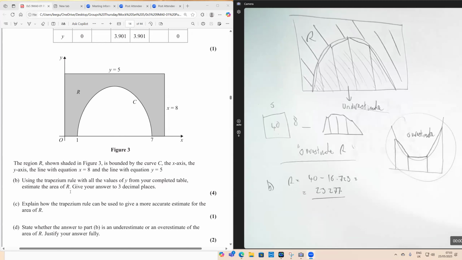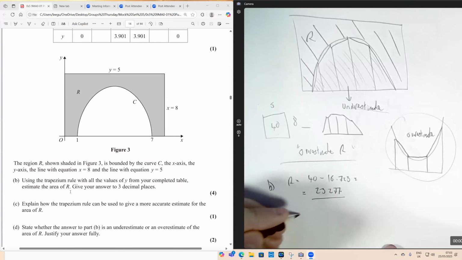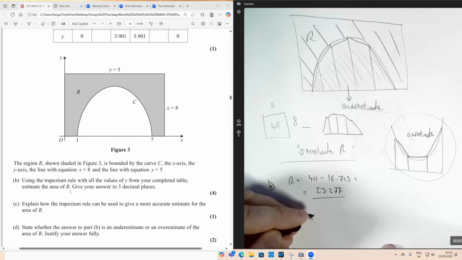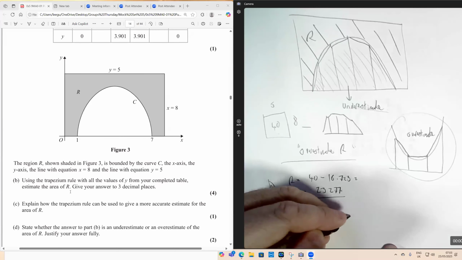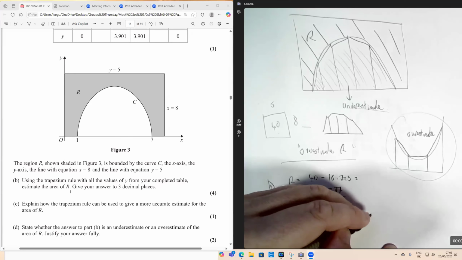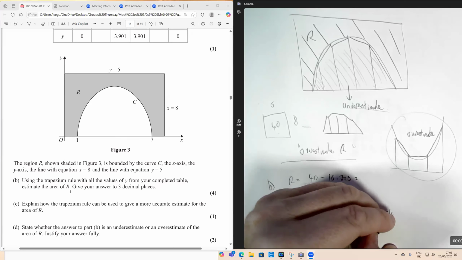Part C: explain how the trapezium rule can be used to give a more accurate estimate. When they want a more accurate answer, we could basically have more strips, or you could say narrower strips.